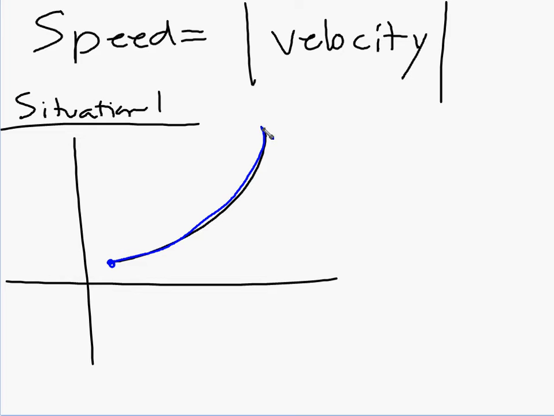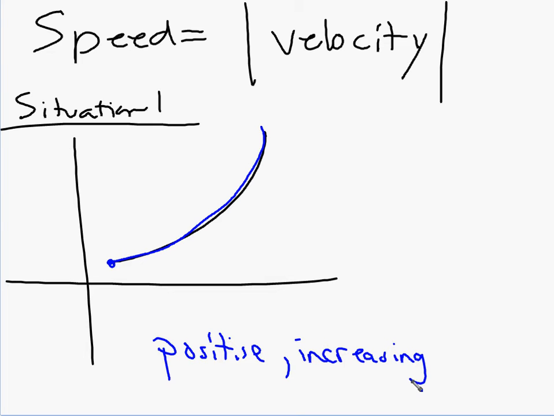So down below we have these statements. I'm looking at the first statement down below the graph. In this situation, the velocity is positive, and what? Increasing. Okay, the velocity is positive and increasing.